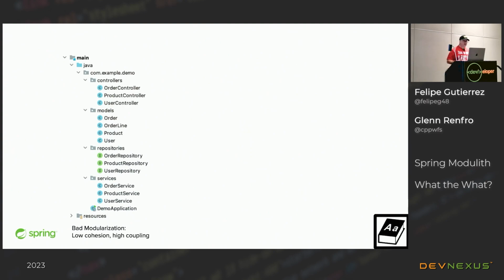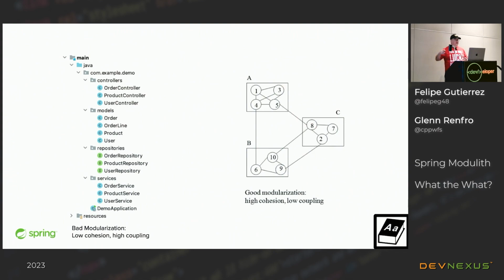That reflects high coupling. What I'd rather have is low coupling, where if I make a significant change to A, modules C and B will not have that much change.